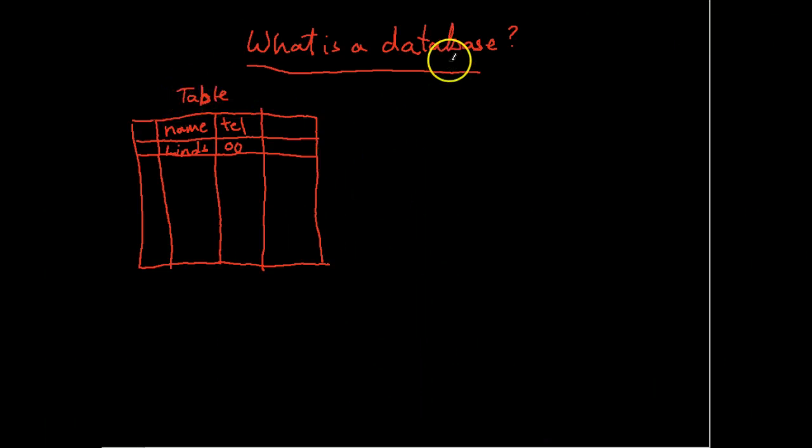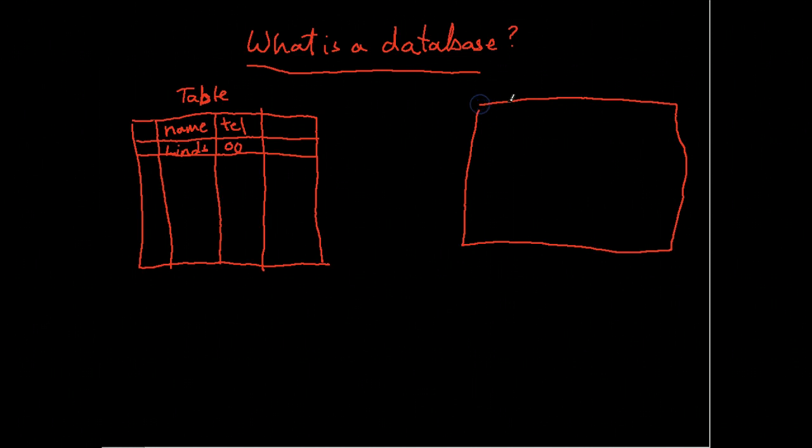And what a database, or a relational database, is, is that you are able to put lots of these tables together. And here's how you do it. Say you have another table over here, okay? And in that table you can have information.